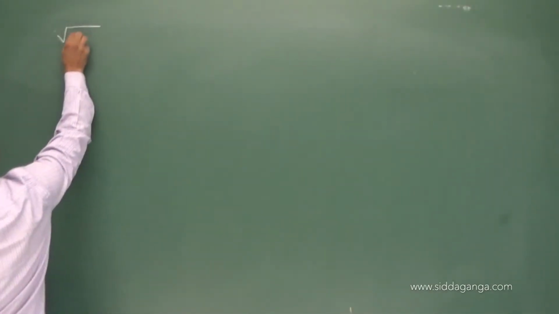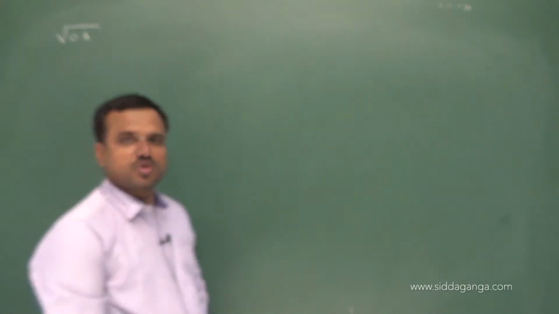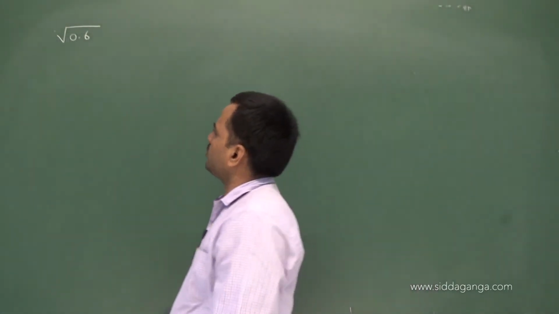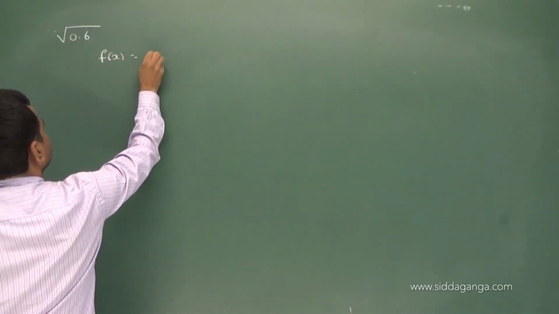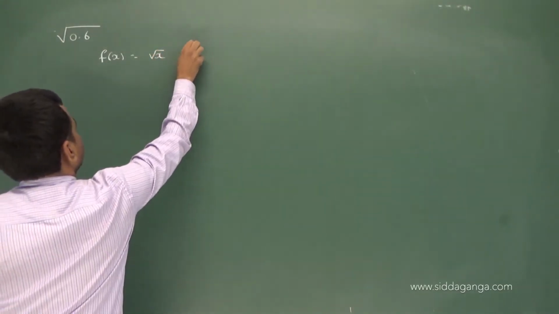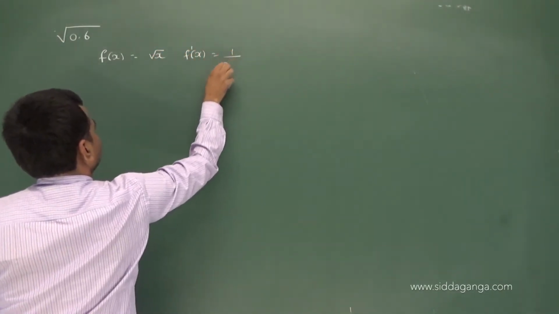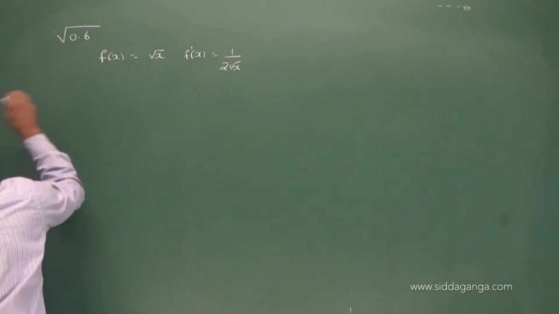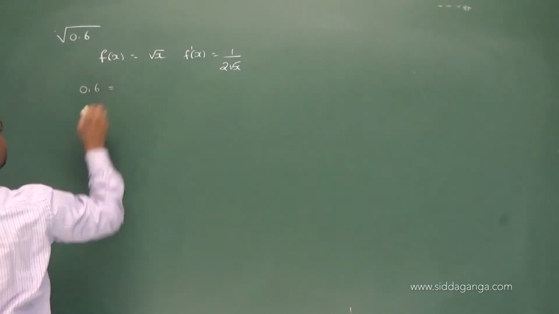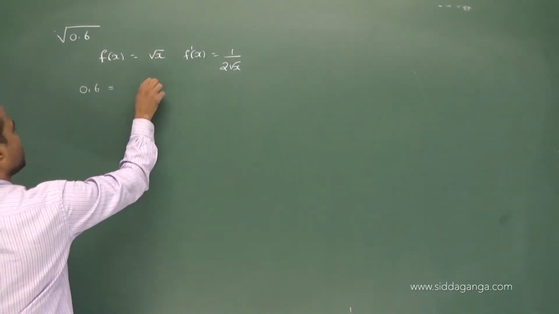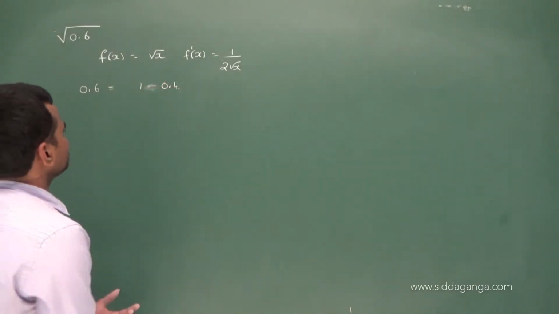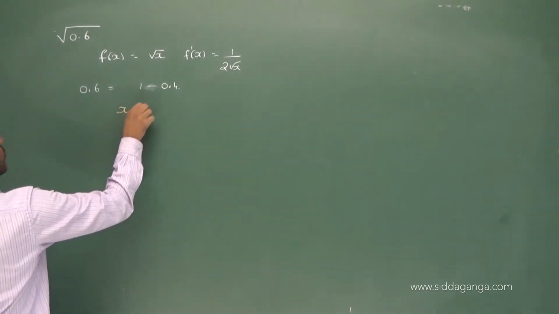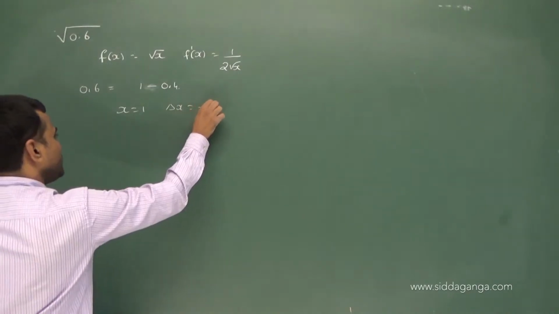Next problem. Square root of 0.6. f of x is root x, f dash of x is 1 over 2 root x. Now 0.6, I can split into 1 minus 0.4. x is equal to 1, delta x is equal to minus 0.4.